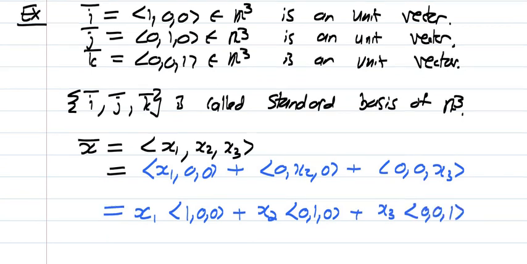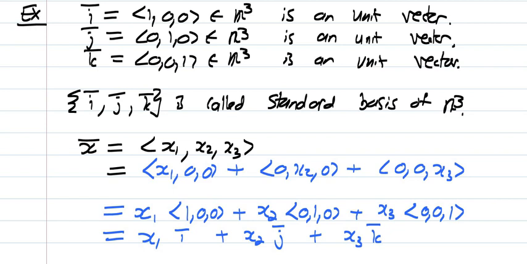And now, from above, we know that this vector is called i, this vector is called j, and this vector is called k. So we see that vector x is some scalar multiple of vector i plus some scalar multiple of vector j plus some scalar multiple of vector k. Essentially, any vector is a linear combination of vectors i, j, k.